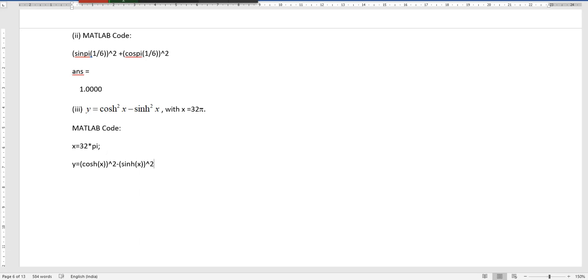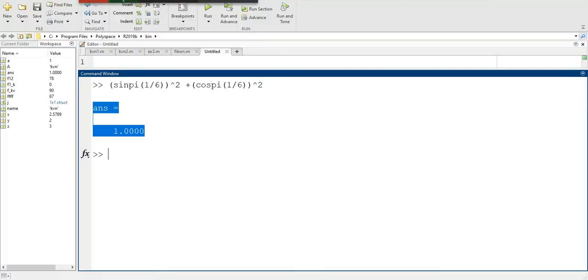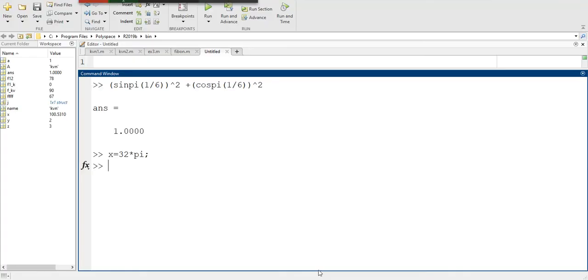Then we will find the y value. I will copy one by one into the command window. If you write in a script file, it is very easy to copy both at a time, but here copy one by one, so without confusion you will get the value.